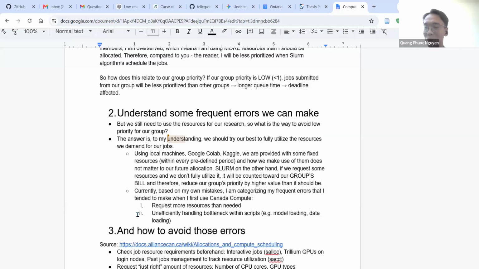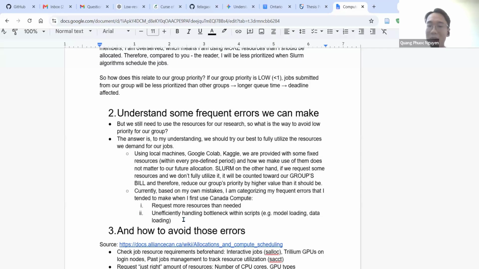But at the same time, I'm wasting the remaining computing capacity of the H100 that I haven't used. So this results in lowering our research group fair share level, while we also haven't fully utilized the resources that we are allocated.